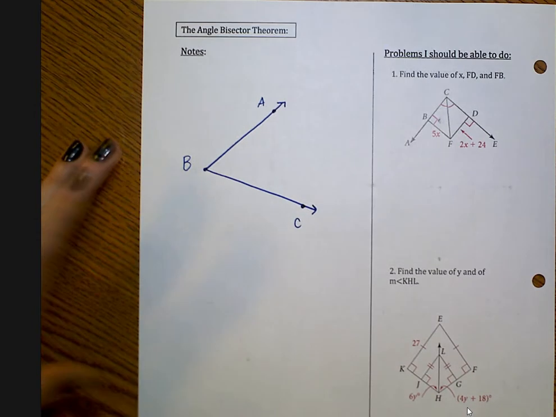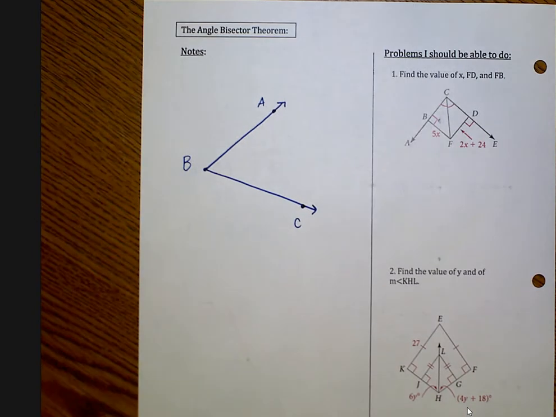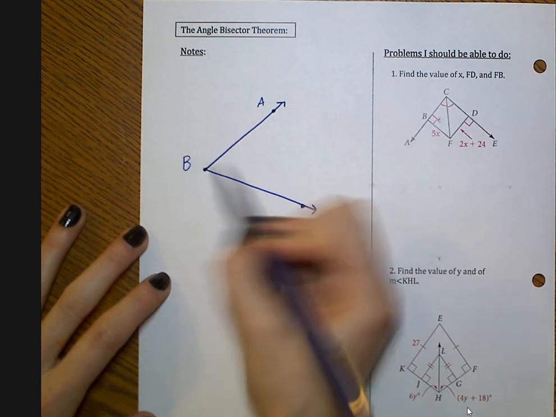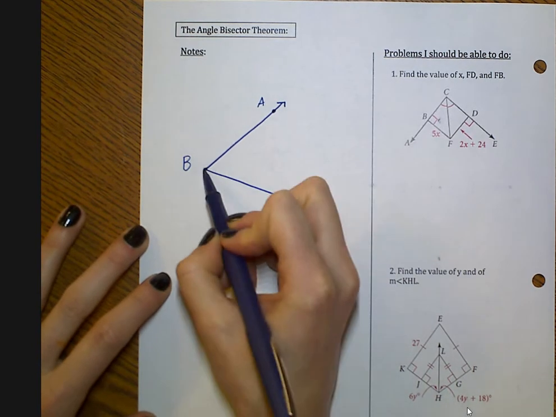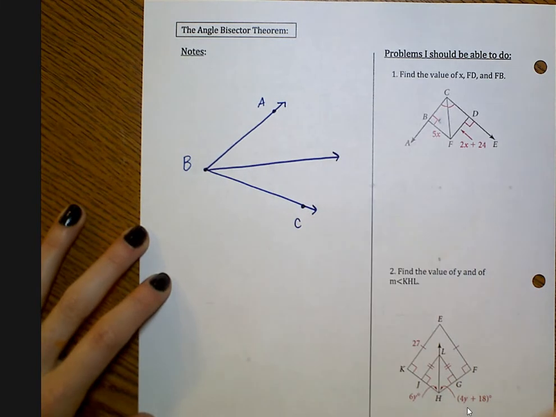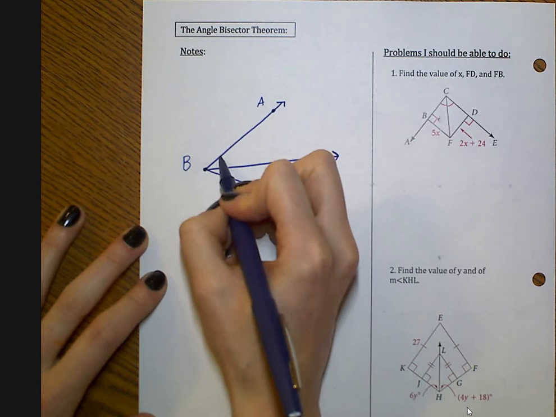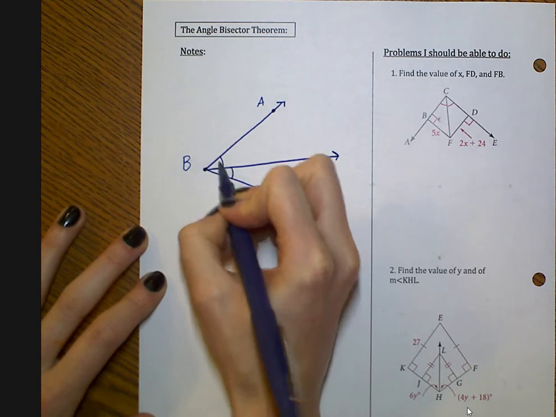Okay, we're going to draw an angle bisector in. So let's start at B and just draw something right down the middle. And I'm going to draw it cutting the angle in half, so I need to show that by marking the two pieces congruent.